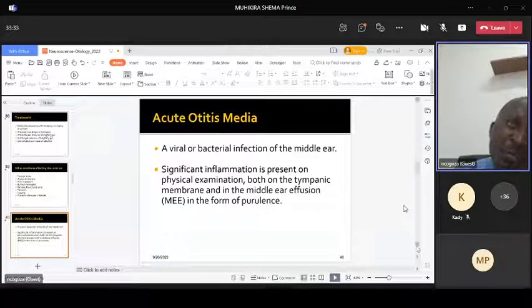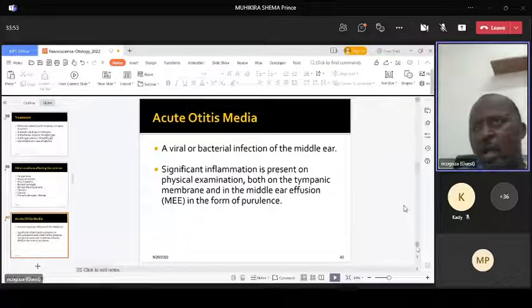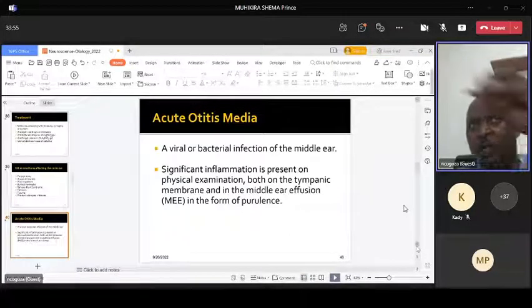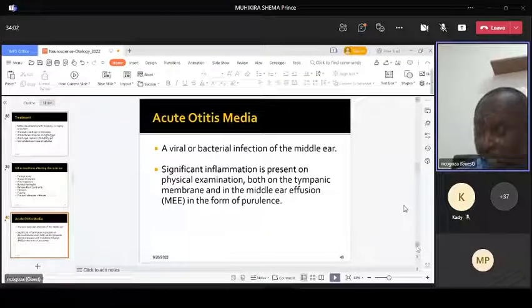Others produce little, and this leads to dryness of the ear canal and causes inflammation. So there are two explanations. Some people produce much, and this mucus is retained in the canal, both inner and outer, anterior and posterior. The bony and the cartilaginous parts are all affected, either by much production or by less production.